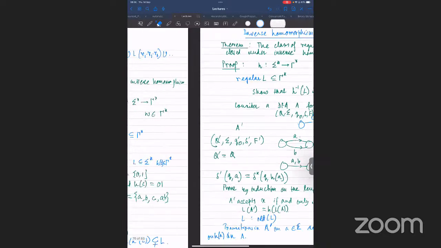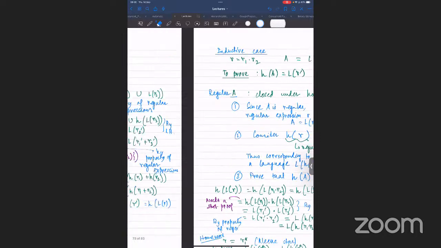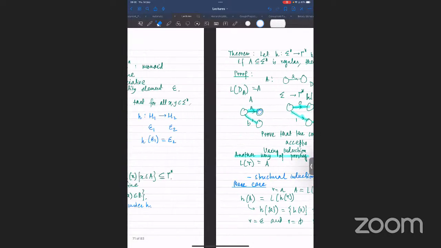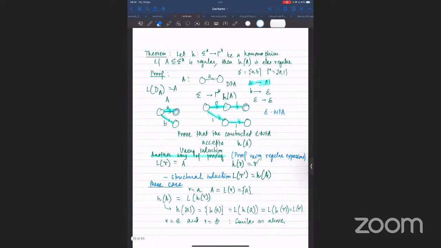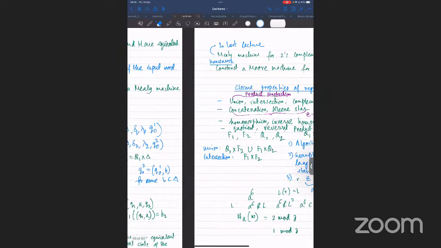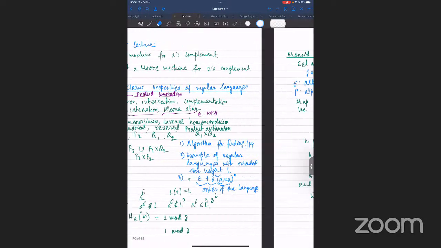Right? And then, if you recall, we also said something like, if you have, for example, L and H inverse of H of L, right? Let's see where it is.